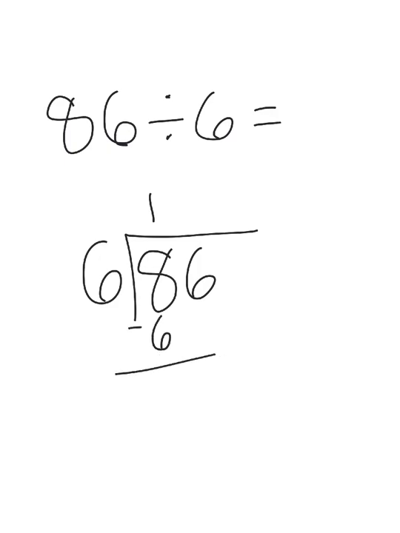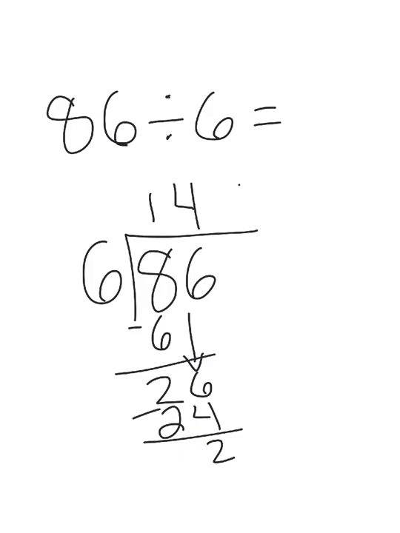I'm going to subtract the difference and bring down the next 6. Then I start over and I divide again. How many times does 6 go into 26? Well, the answer is 4. 6 times 4 is 24. And I'm going to have a difference of 2 or a remainder of 2.